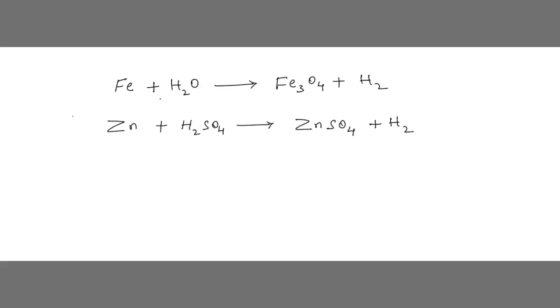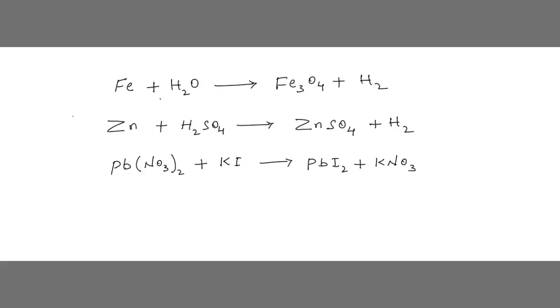Similarly, one more chemical reaction: lead nitrate, Pb(NO3)2, plus potassium iodide gives PbI2 plus KNO3.